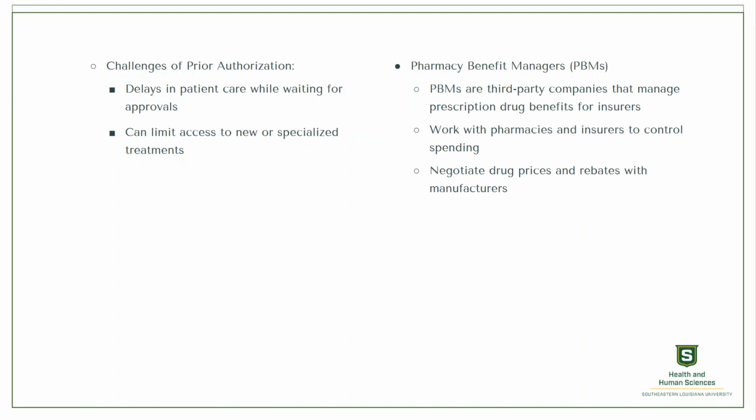So what they do is negotiate drug prices with pharmaceutical companies and try to get rebates from pharmaceutical companies for those drugs. And this often works with medications that are new in the market, and are still trying to pick up speed with the market.